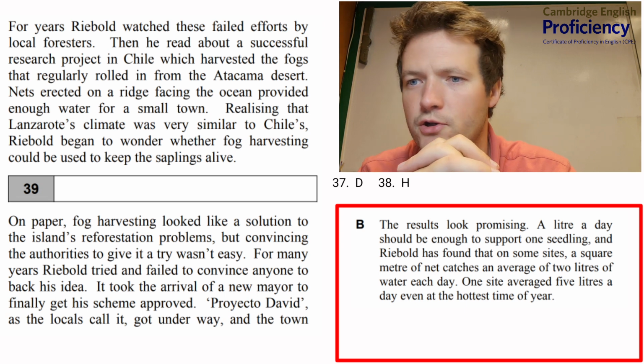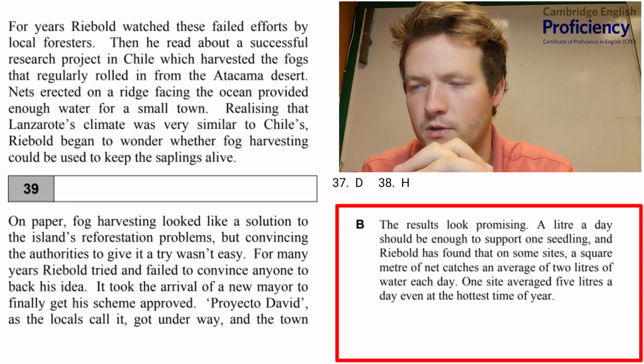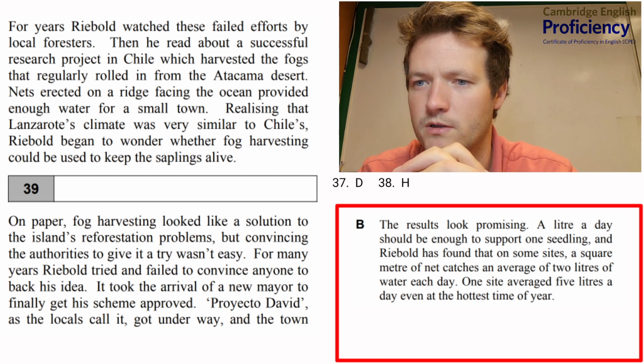A litre a day should be enough to support one seedling, and Ribald has found that on some sites a square metre of net catches on average 2 litres of water each day.